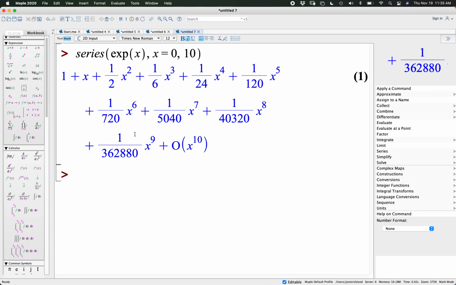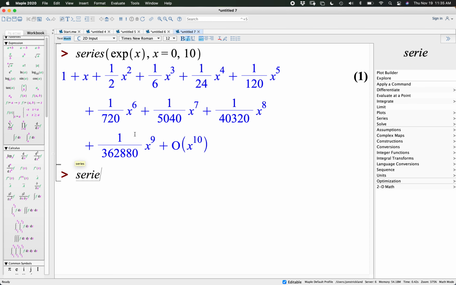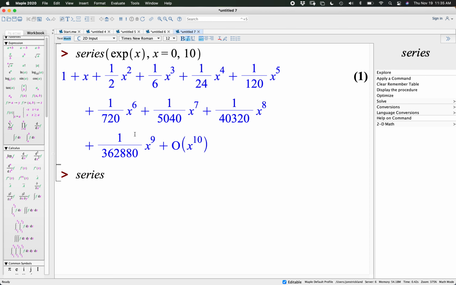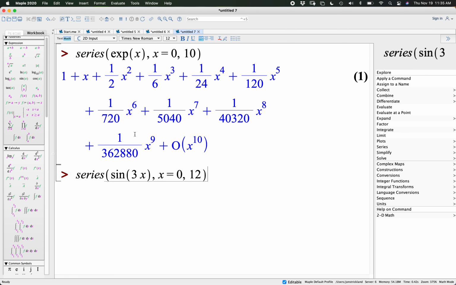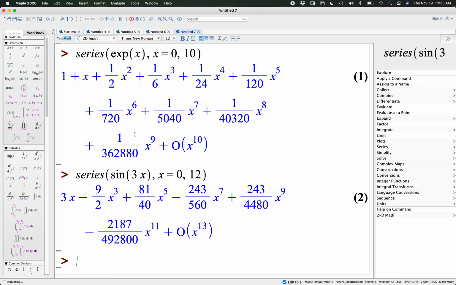So for Maclaurin series, the only command you need is series. Say we have the sine of 3x, with x going from 0 to 12.